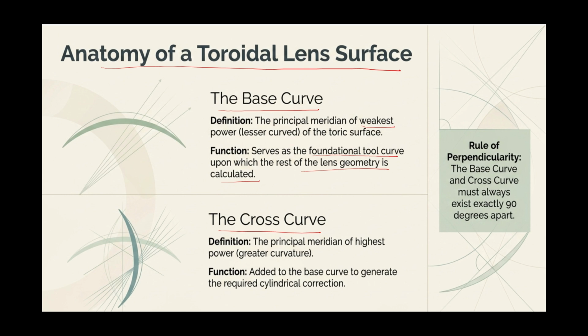Next comes the cross curve, which has a greater power and is 90 degrees or perpendicular to the base curve. So the base curve and the cross curve must always be 90 degrees apart.